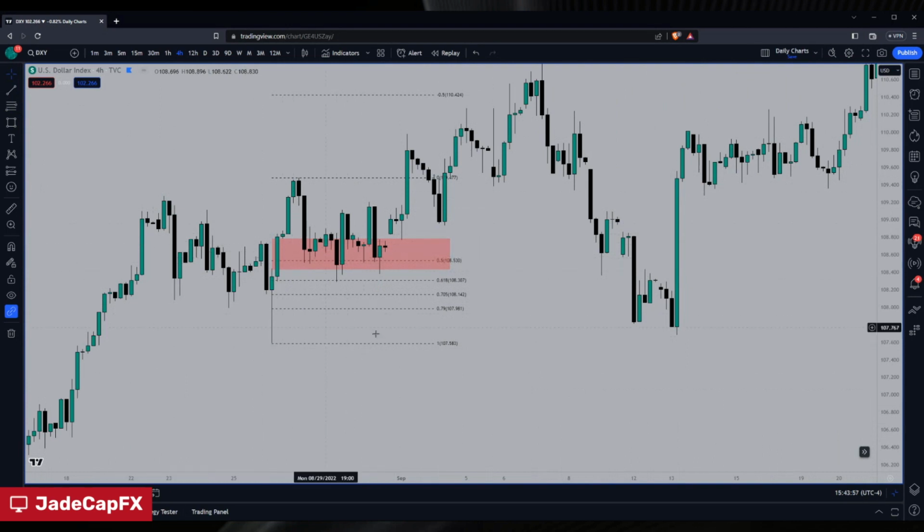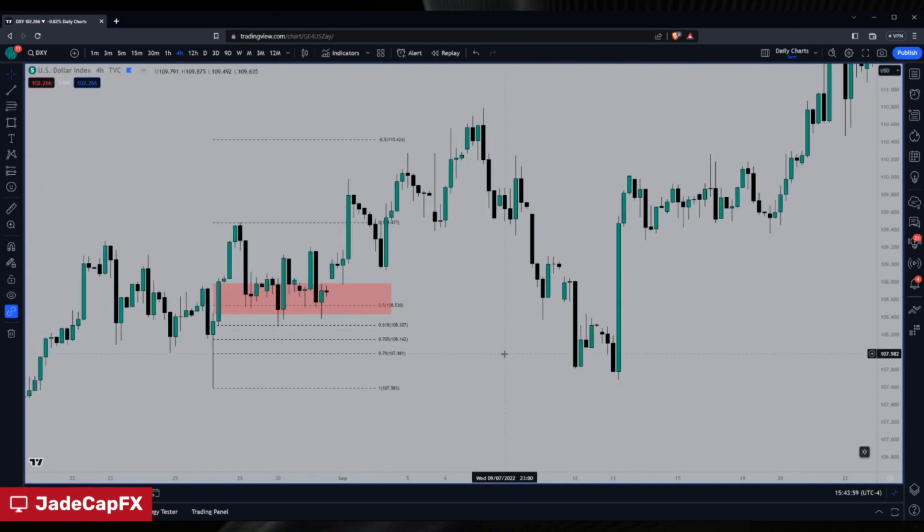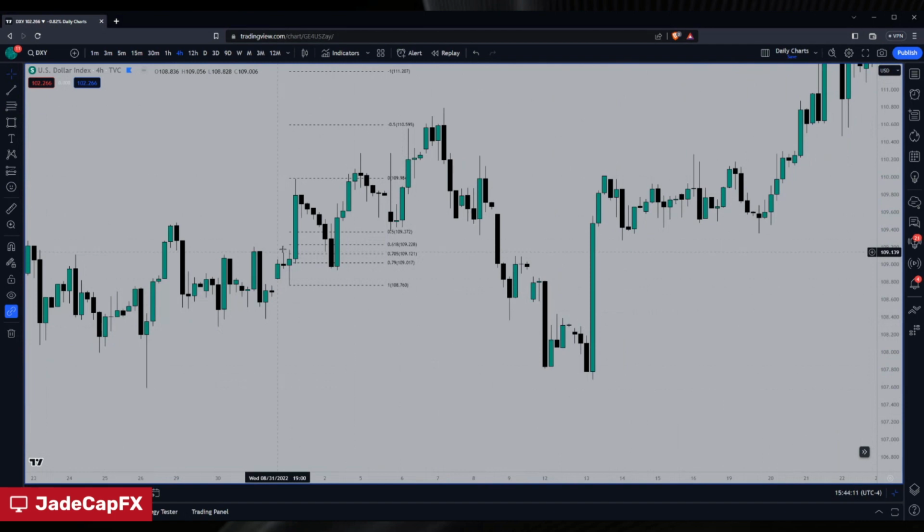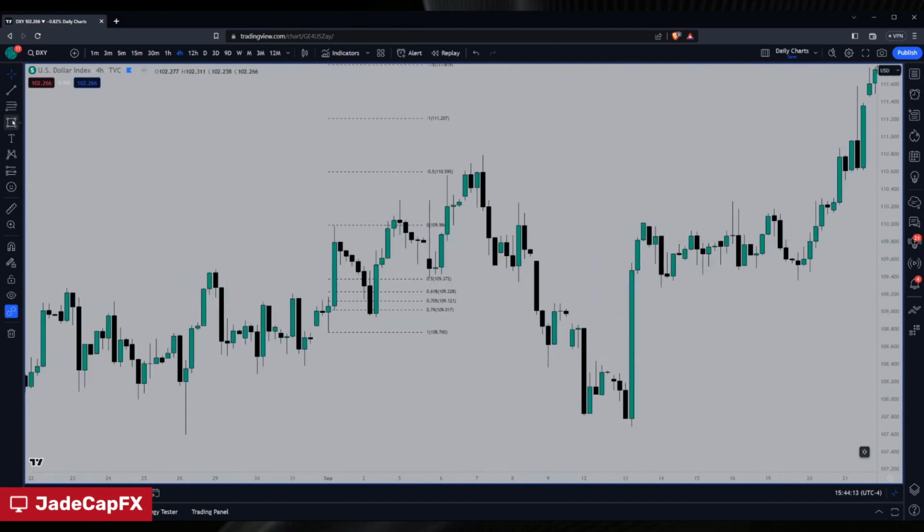It might go lower. It all depends on the context of the market, right? Something like this, we have this swing low to this swing high right here. Well, the fair value gap that was left behind, or the buy side imbalance, is all the way down at the 61% level. So it's not just going to retrace to the 50 and then turn around. It might fill this whole thing in and then go.